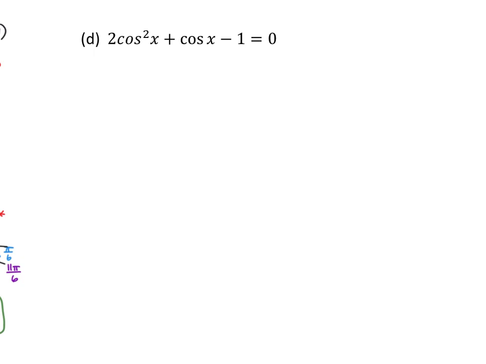And that if you were to let u represent cosine of x, anywhere there was a cosine of x before, I'm just going to replace with u to make it a little bit easier to see. Which means this would be 2u squared plus u minus 1 equal to 0. Now that actually straight up looks like a quadratic, does it not?